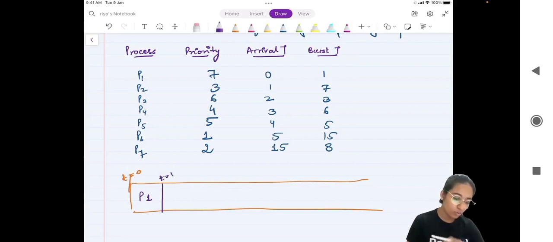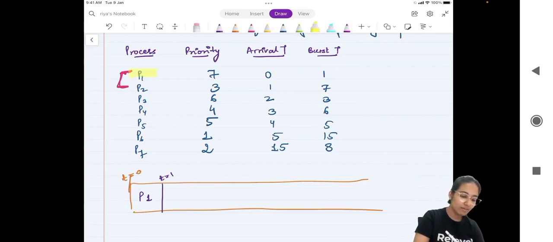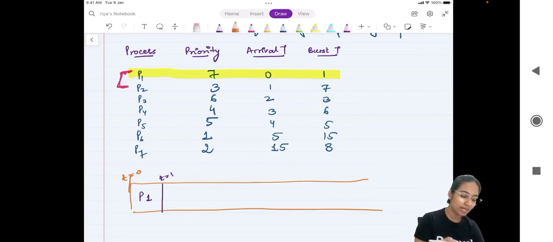Now at t equal to 1, P1 has completed its execution, because there was only 1 unit. Another process P2 comes in, and since there is no other process, P2 will get executed till t equal to 2.